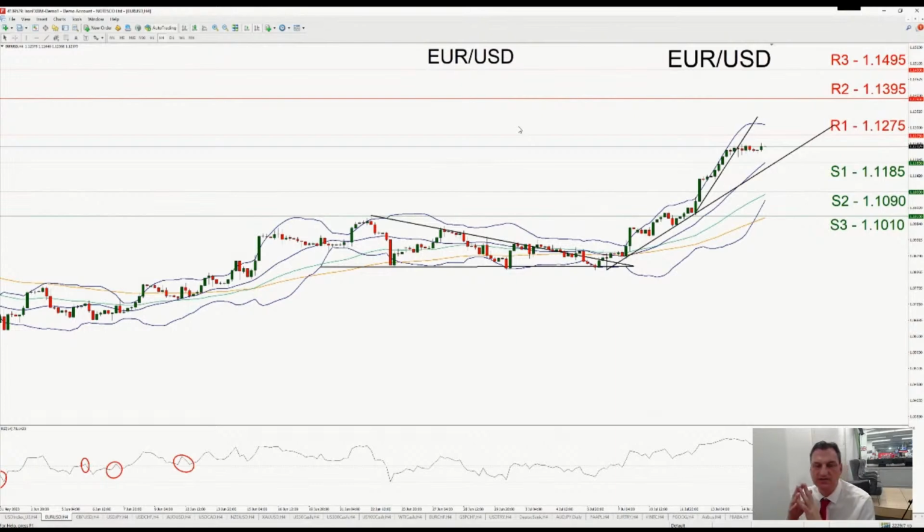Now, on the fundamental side, I would be highlighting definitely the fact that European stock market started on the back foot. So that seemed to be an issue.